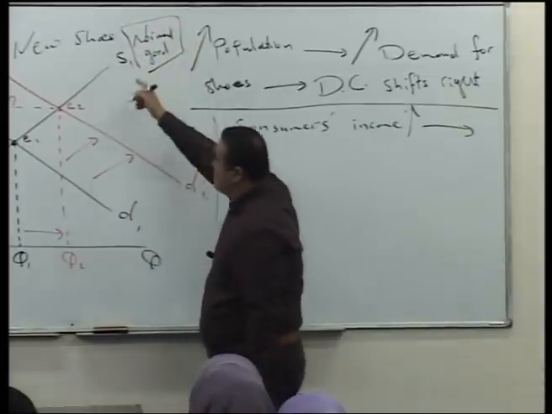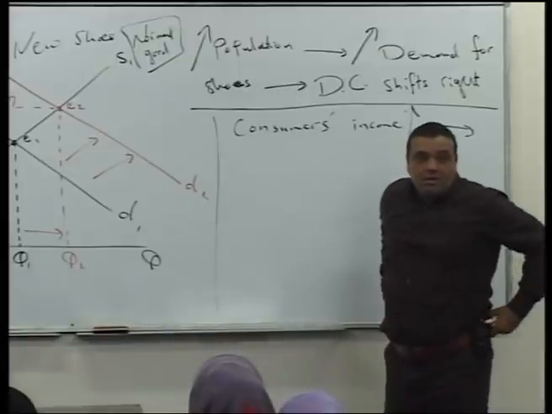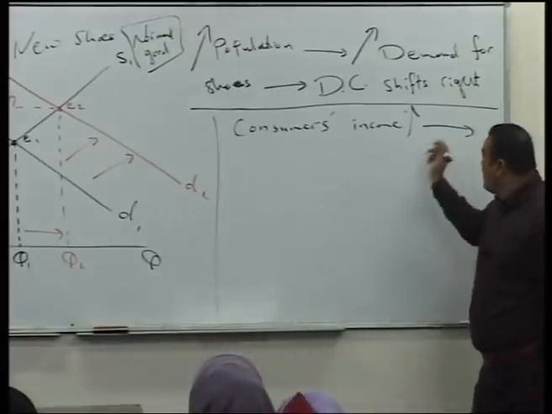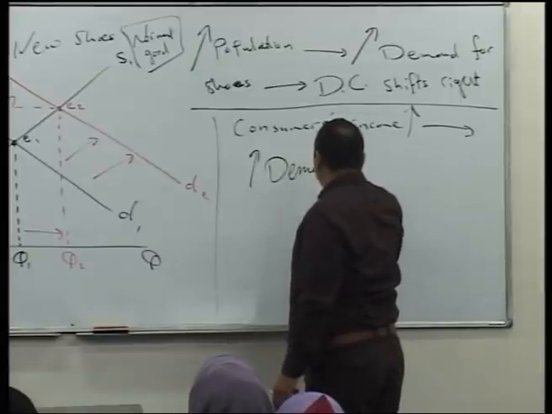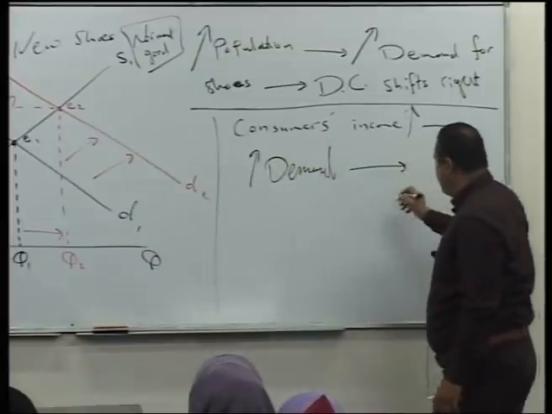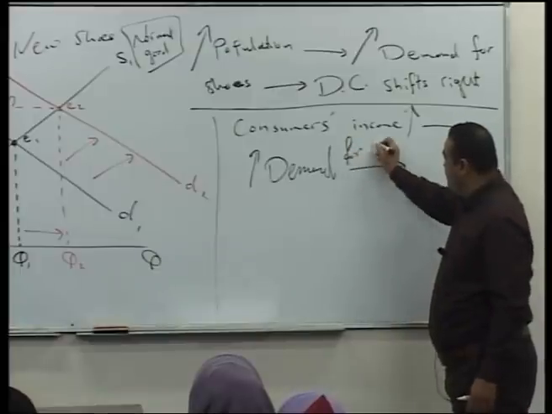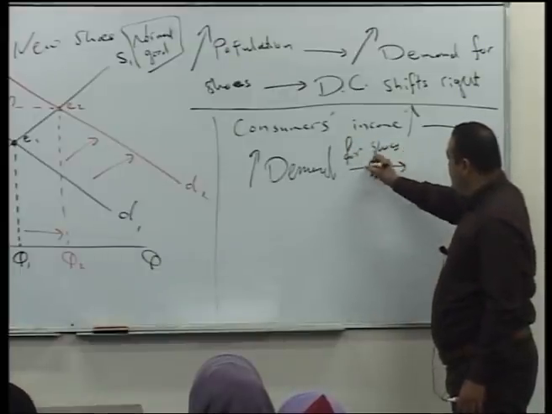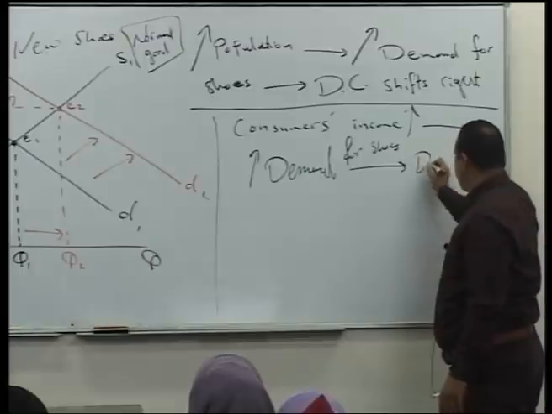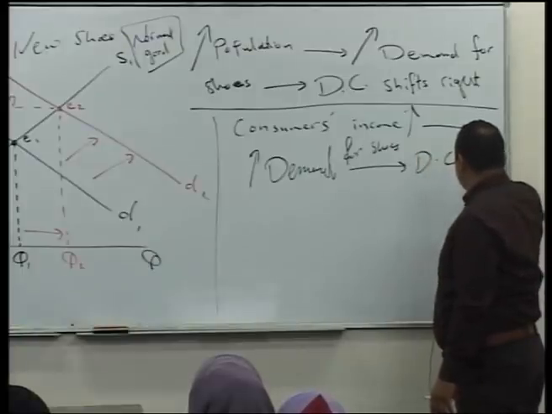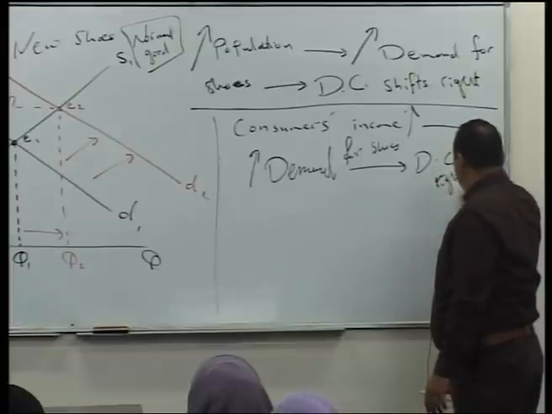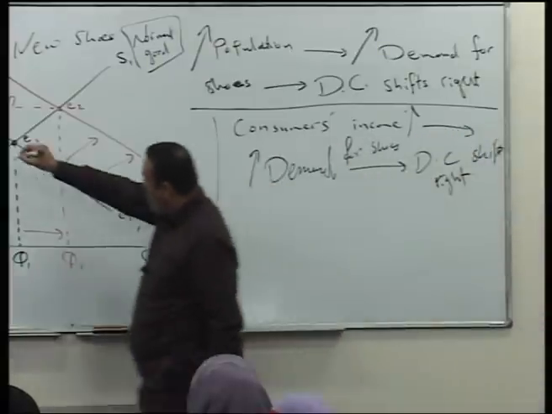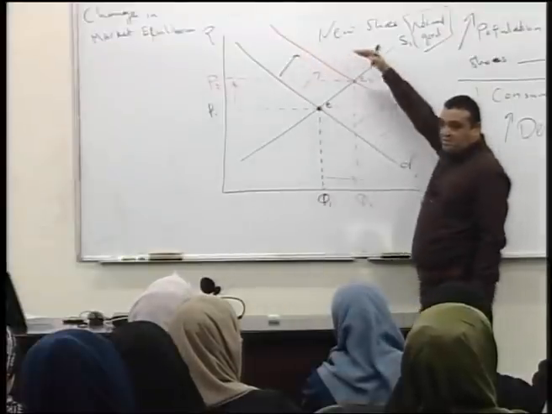And if the shoes here are normal, what will happen? Demand goes up. So the demand for shoes goes up, and the demand curve shifts right. So we will find that there is a rightward shift in the demand curve.